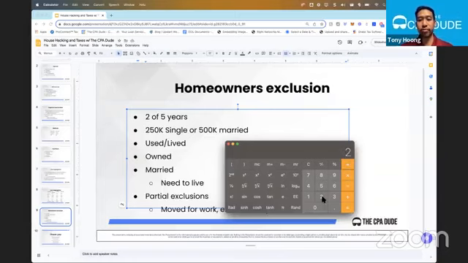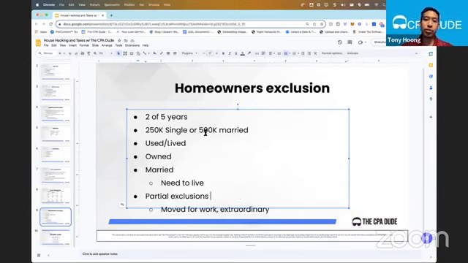So you lived there 50% of the time. You're able to take half of the exclusion, even though you didn't fully meet the time period. In this example, you'd be able to take 250K if you're married, even though you only lived and owned there for 12 months of the past period.